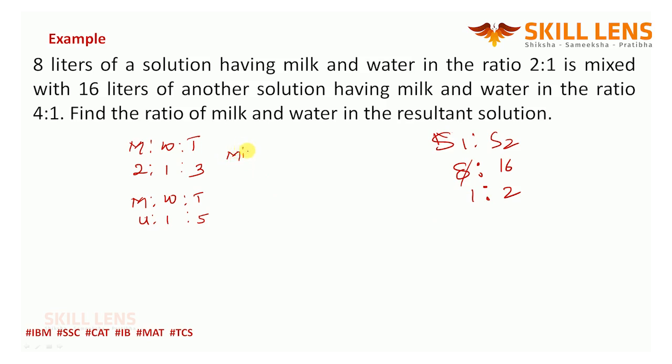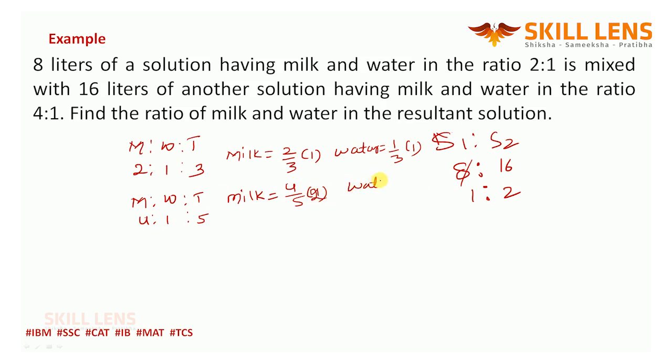Now take 1 and 2 liters. So can I say milk is going to be 2/3 of 1, because now my solution 1 becomes 1 liter. What about water here? The water is going to be 1/3 of 1, which is 1/3 only. In the same way, what happened to milk in the second solution? The milk is going to be 4/5 of 2.